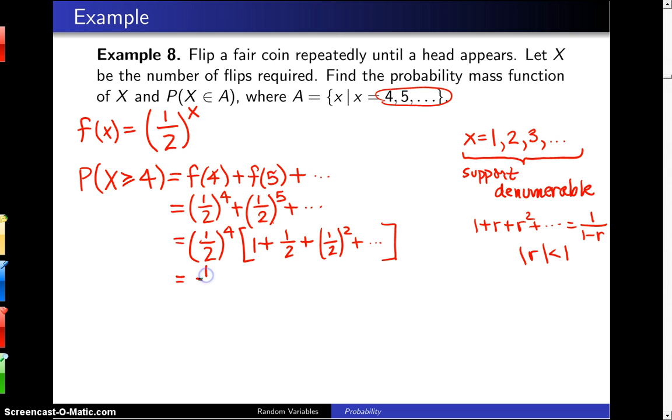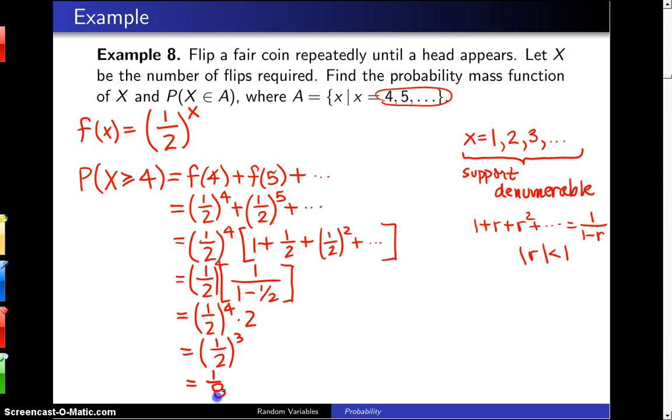So this turns out to be 1/2 to the 4th power times 1 over 1 minus the common ratio, and the common ratio is 1/2. So that turns out to be 1/2 to the 4th power multiplied by 2, and that is 1/2 cubed, which is 1/8.